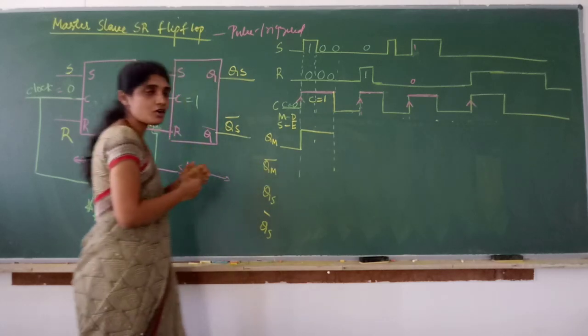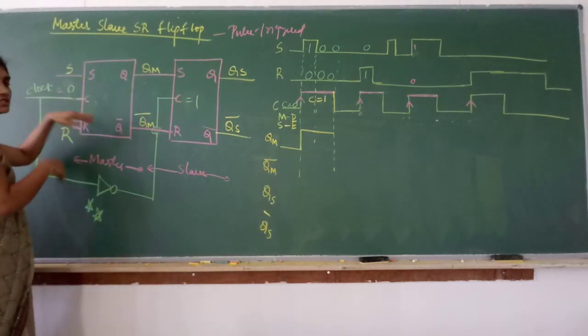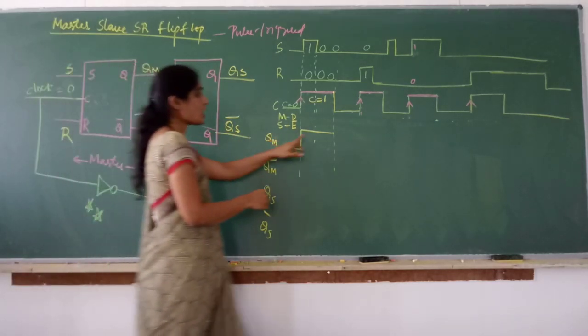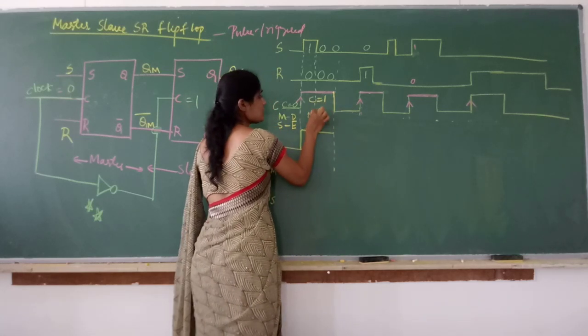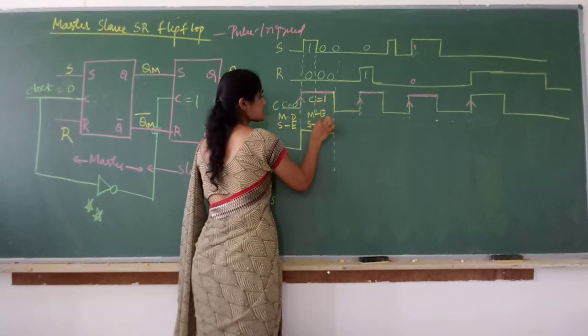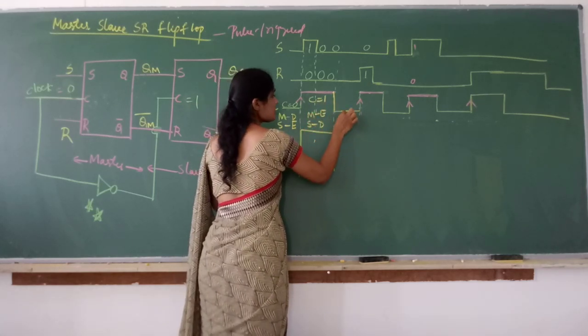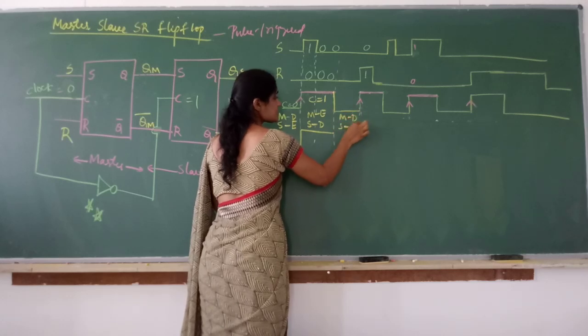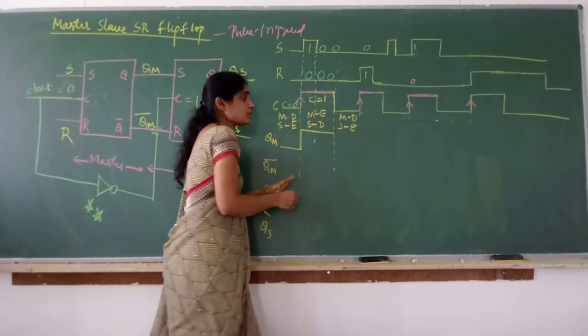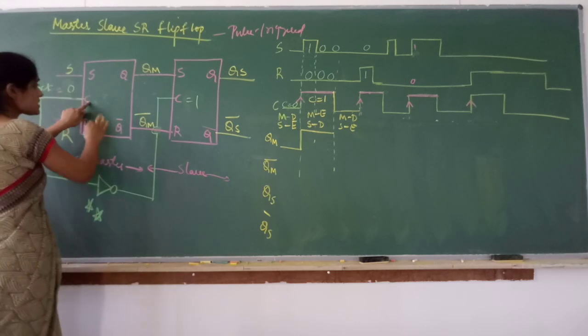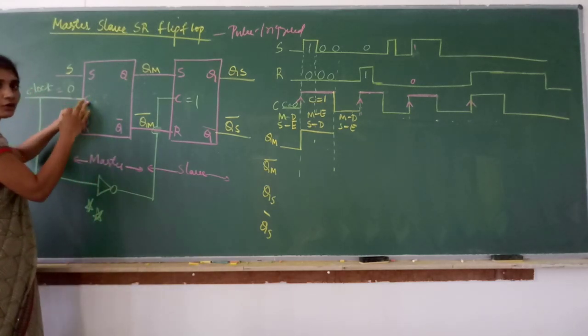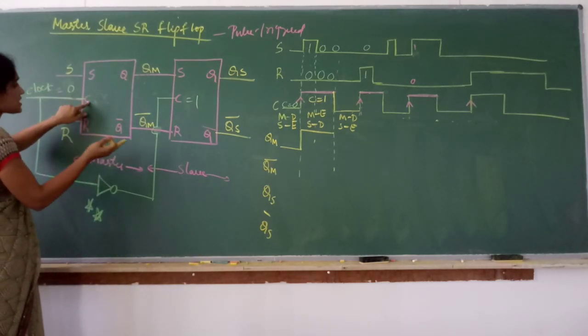When clock is 0, what happens? When clock is 1, master is enabled and slave is disabled. When clock is 0, master is disabled and slave is enabled. That means the SR flip-flop will not work. So what is the next state when clock is 0?